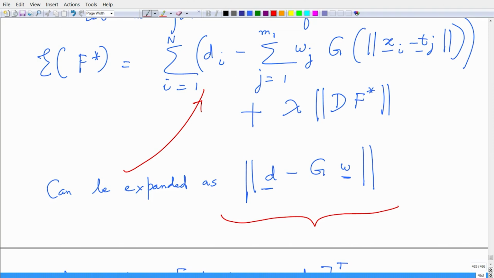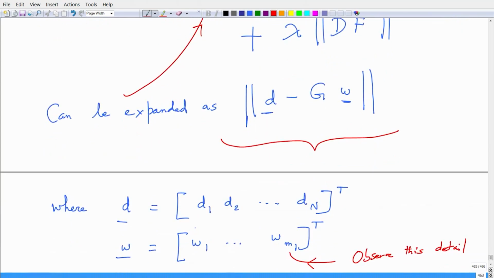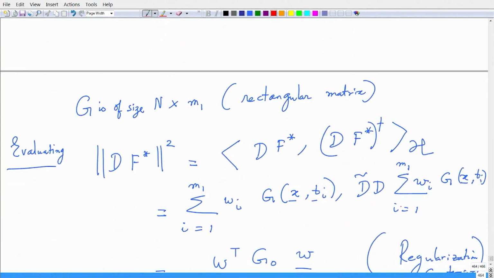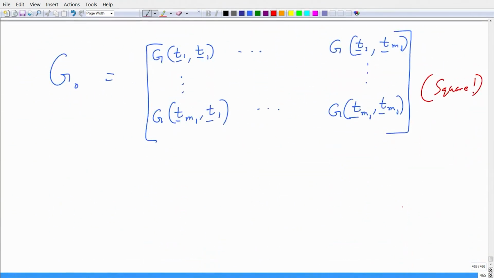So, minimize this Tikhonov functional, which minimizes the Euclidean norm subject to these regularization conditions.